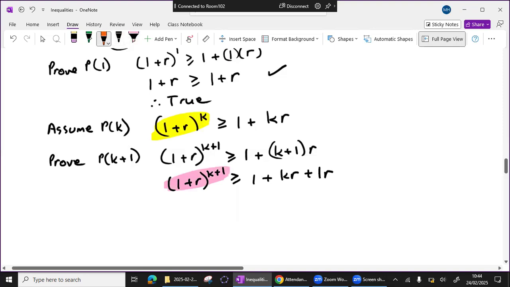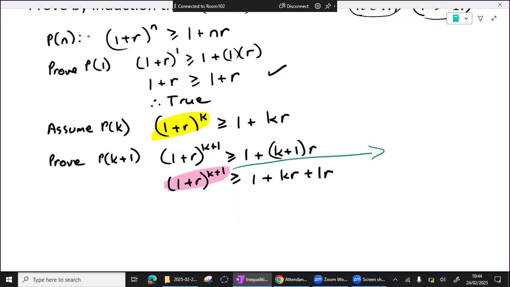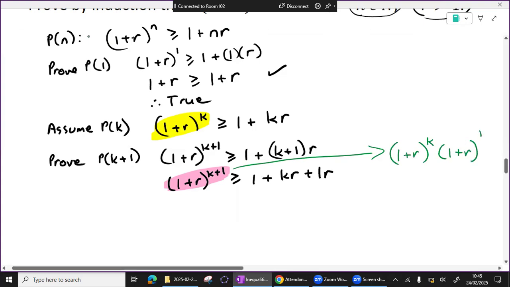Now, in order to do that, you need to understand that if it's to the power of k + 1, another way of writing that is this. So you'd really have to know that in your mind to be able to make the yellow into the pink. So now that I've reminded you of that, can we see how we can make the yellow into the pink? All we would have to do is write the yellow and just multiply it by 1 + r.